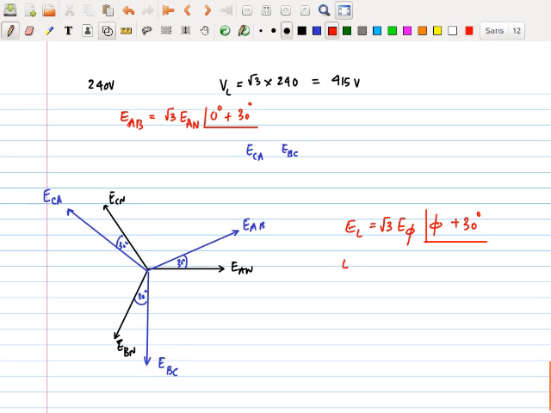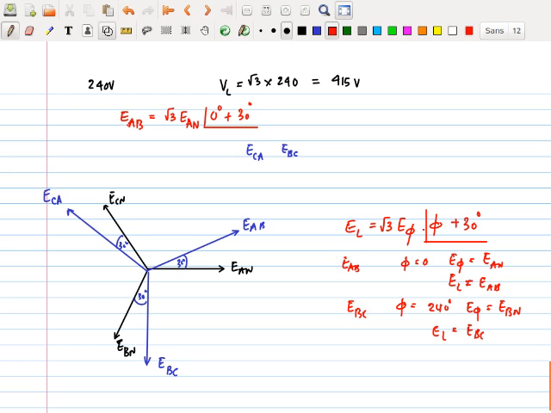So, if I am taking EAB, I realize phi is equal to 0, and E phi is equal to EA of n, and EL is equal to E of AB. Right? Then if I'm going to take E of BC, you realize phi is going to be 240, and E phi is going to be E of BN, and EL is E of BC.